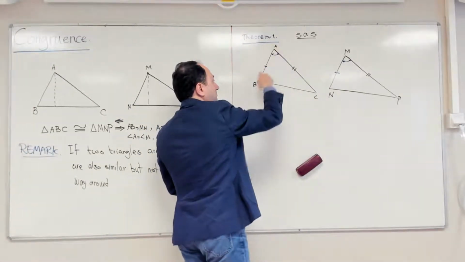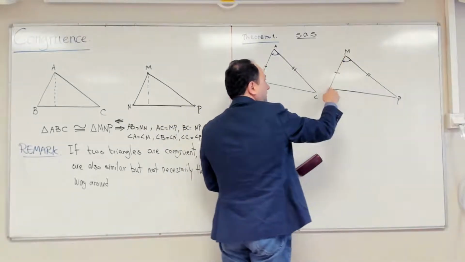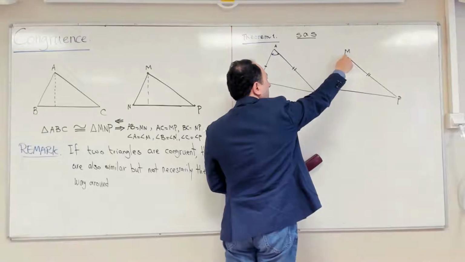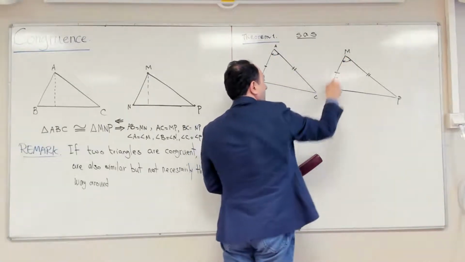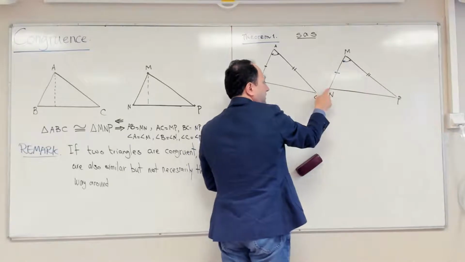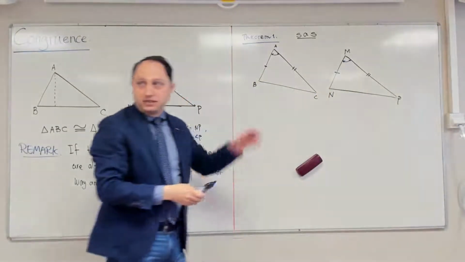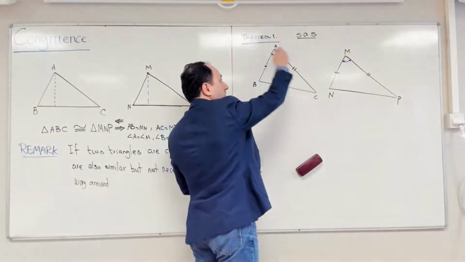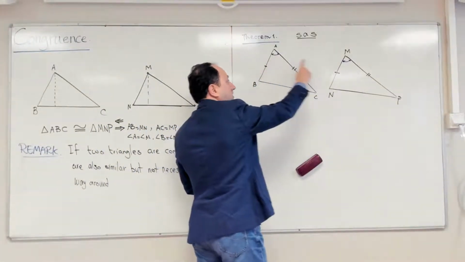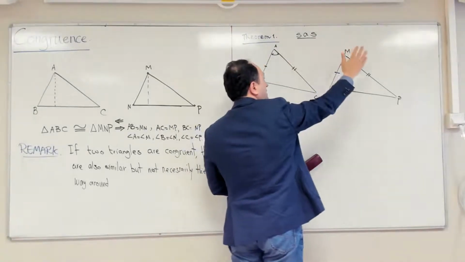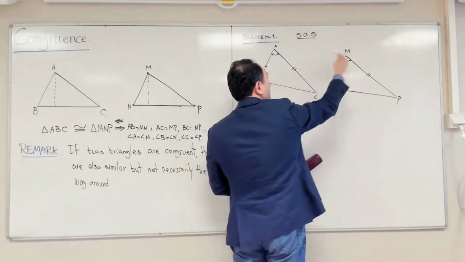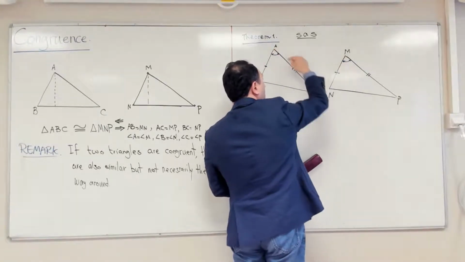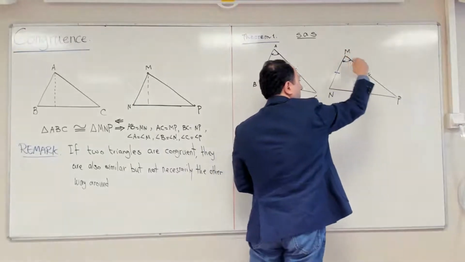Because AB is equal to MN, I can put A on top of M, and because AB has the same length, B will be exactly on top of N. Is that understandable? But what happens for this side? Because this angle is equal to that angle, when I put this triangle here and fix AB on top of MN, this side definitely lies on this side.